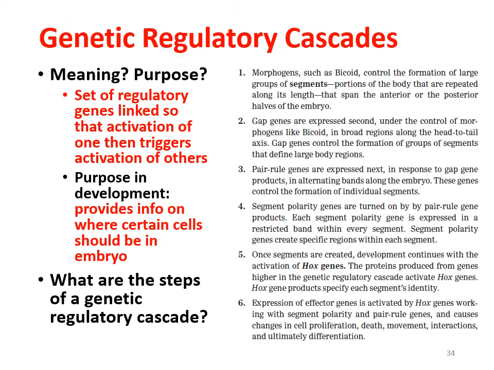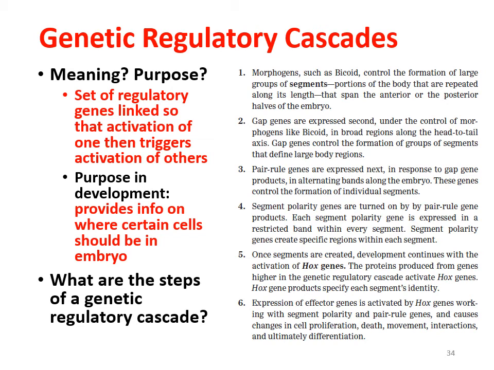And what that means is that you end up with a set of regulatory genes connected in a way that when the first one is activated, that then triggers down the line the activation of a series of other genes to then ultimately lead to the expression and the overall differentiation and appearance of what the structures in the embryo are supposed to be in development.